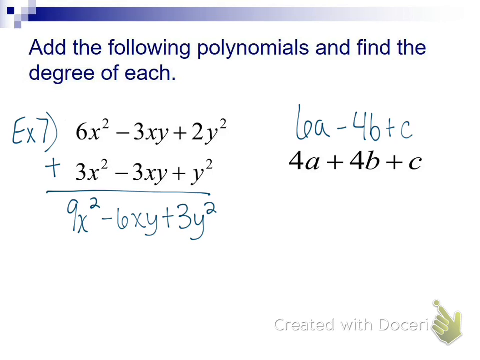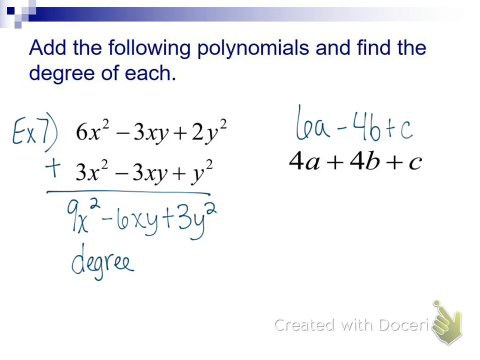Can any of these terms be combined? No. We were also asked to find the degree. What's the degree? So what's the degree of the first term? The middle term? Careful. 2, because 1 plus 1 is 2. And the degree of this one is? 2. So overall our degree is? 6? Nope. 9?